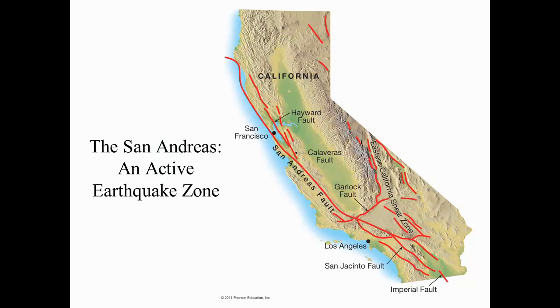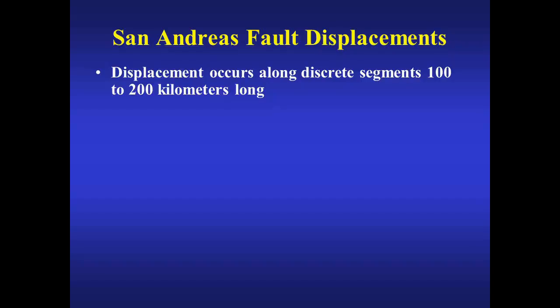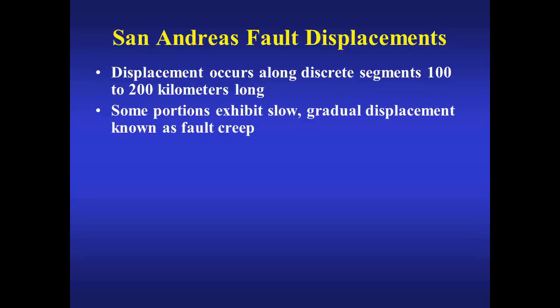The San Andreas Fault of California is an active earthquake zone, probably the most well-studied of all the faults around the world. Now, displacement along the San Andreas occurs along discrete segments ranging anywhere from 100 to 200 kilometers long.